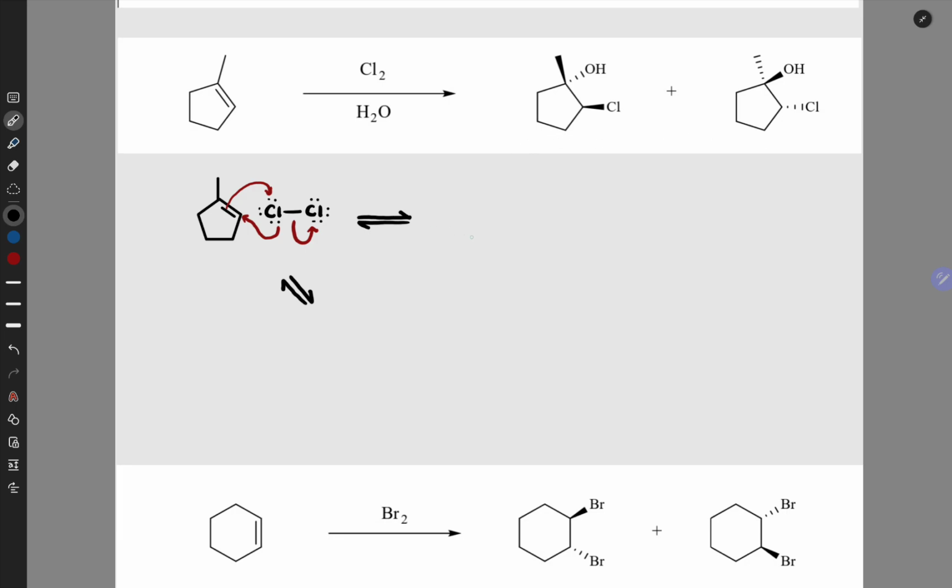So we can show here that just like in the one previous, we're going to have chlorine in two different ways attached to this molecule and detached from the other chlorine. So it's going to be from the top or the bottom because it's flat, pushing the other methyl group down. So let's draw that.